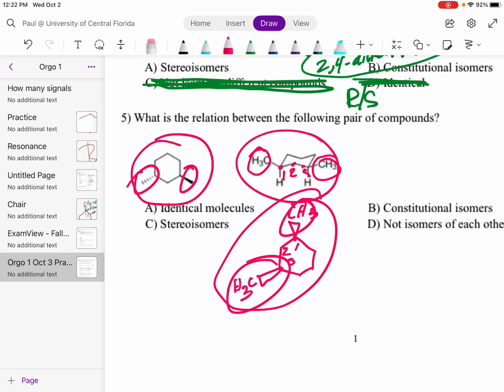But I want to take this question to another step. So we've just figured out that they are stereoisomers. But are they enantiomers or diastereomers? Those are diastereomers because they are not superimposable and there's no mirror image.